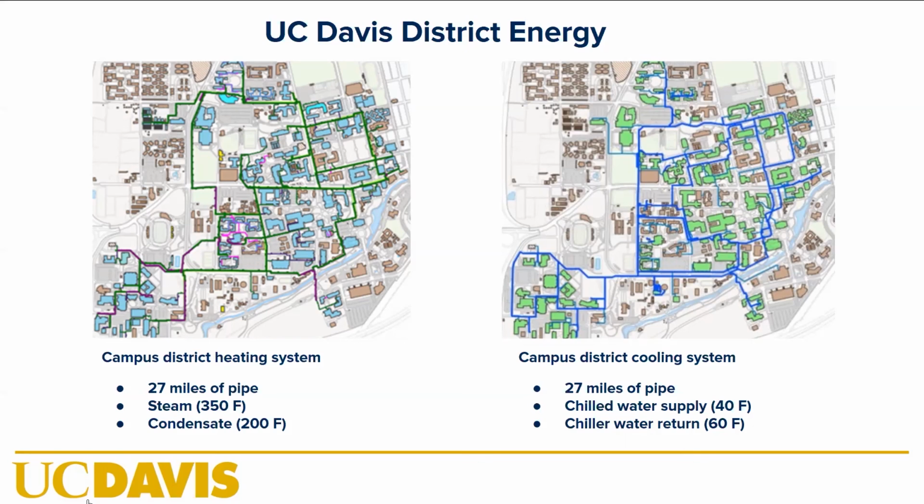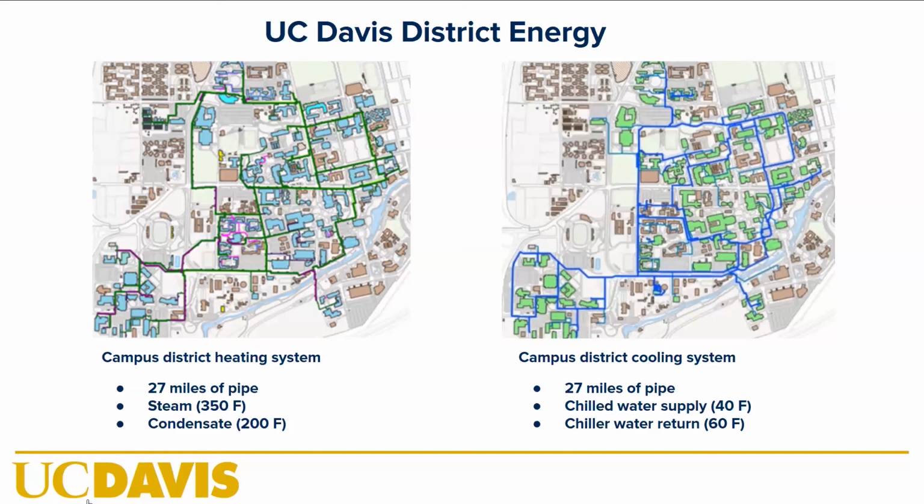It's just steam that's condensed back into hot water after it's done its heating, and it gets pumped back to the central plant so we can reheat it and reuse it again. And about 90% or more of that steam that goes out comes back to be reused. And then the chilled water has 40-degree cold water going out in the cooling system.